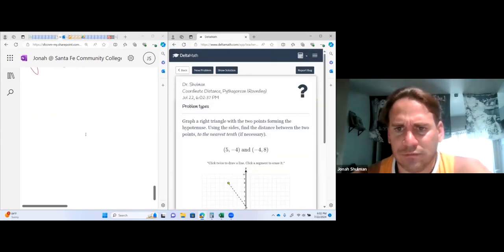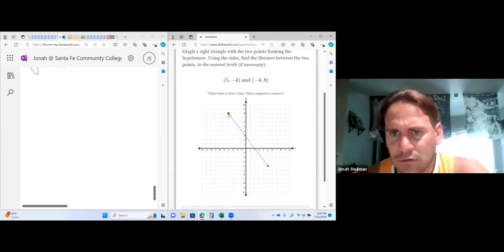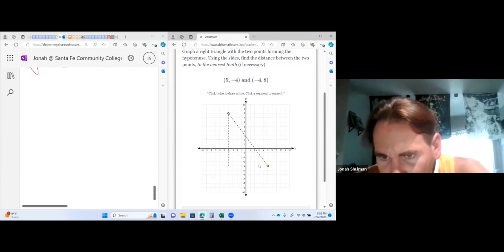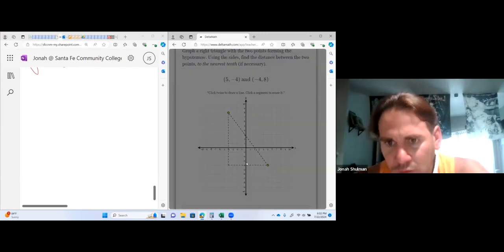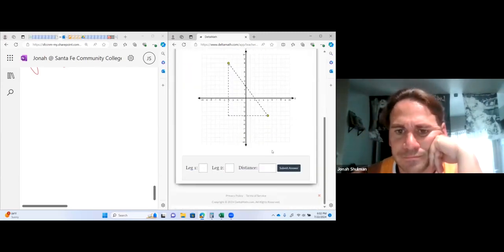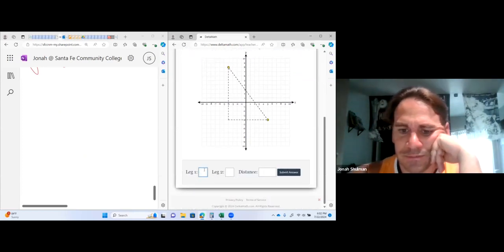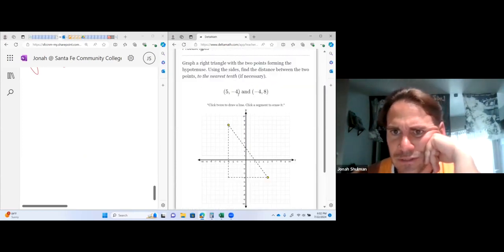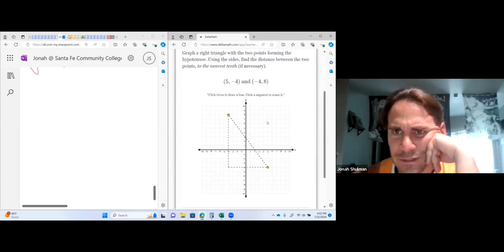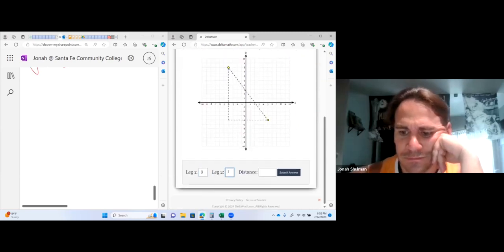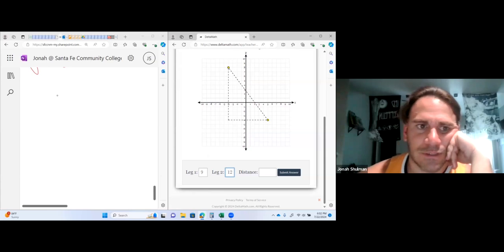Now we get to do one with rounding. So let's graph it. So here we go. Cool. Leg one from 5 to -4, I believe it's 9 spaces. Leg two from -4 to 8 is 12 spaces. So what is this? We got a round, so it's 9 squared plus 12 squared.